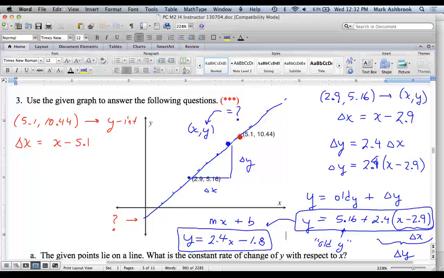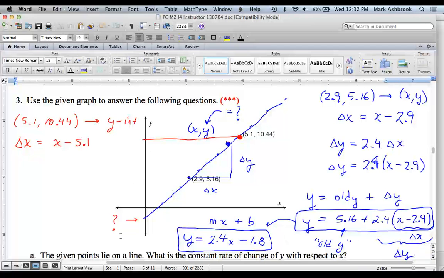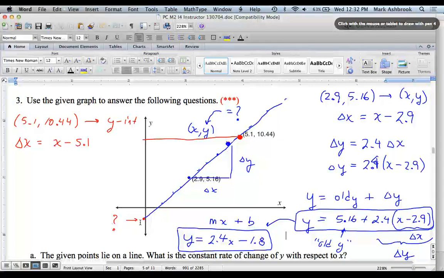Just delta x. Where would I stop? So this particular x minus 5.1, where should it stop? I want to go to this point because I'm finding the y-intercept.